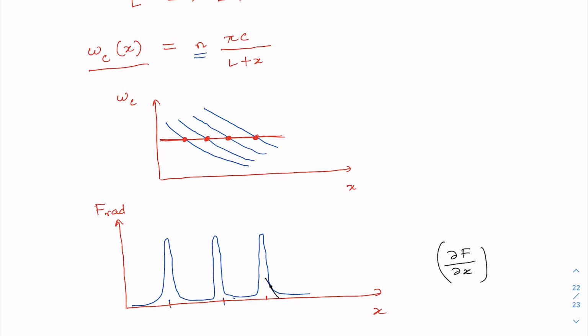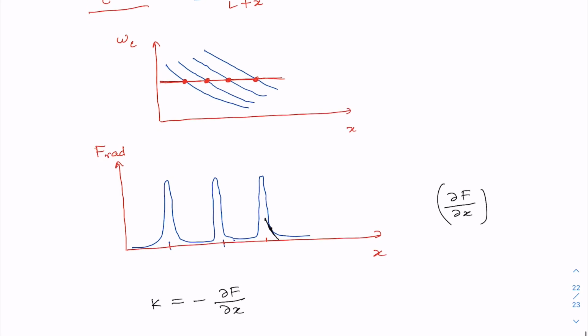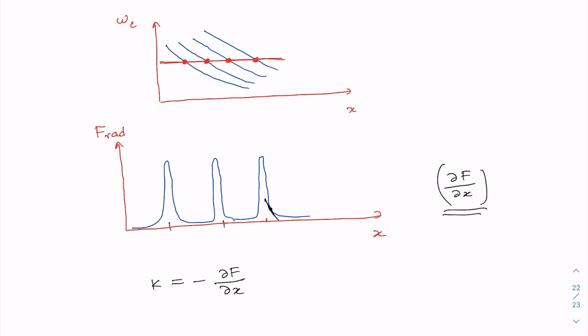So what does it mean? The force is position dependent. Then the slope gives an effective spring constant, k = -∂F/∂x. So the force gradient with a minus sign will give us the spring constant.